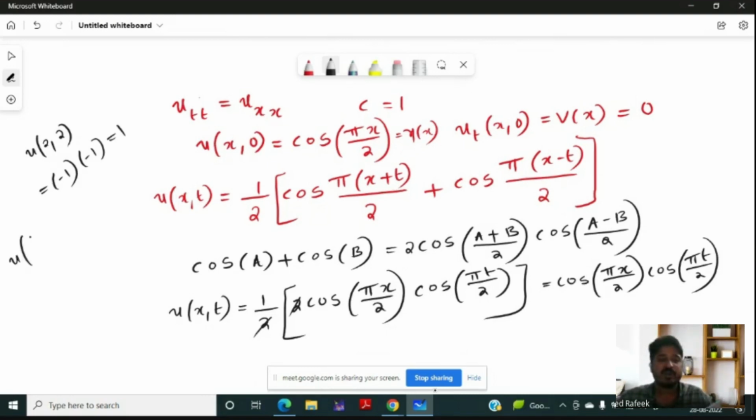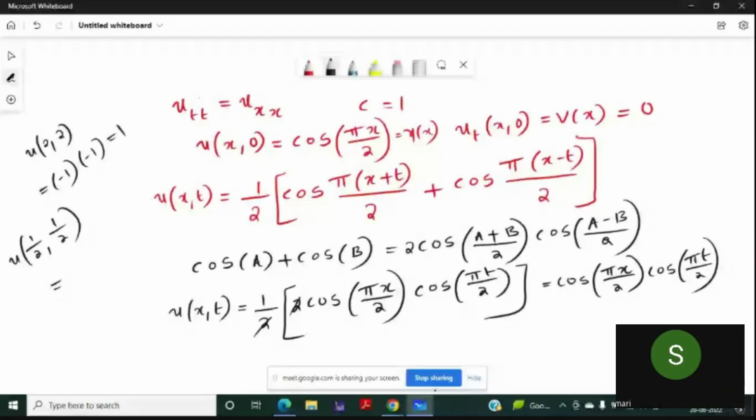Next, u of 1 by 2 equals cos of π by 2 into 1 by 2. 2 into 1 by root 2 is 1 by 2. So what options are correct? 2 and 4, right? Correct? Yes, sir. Okay.